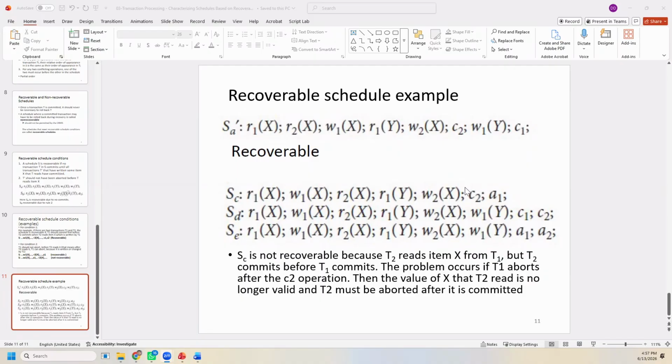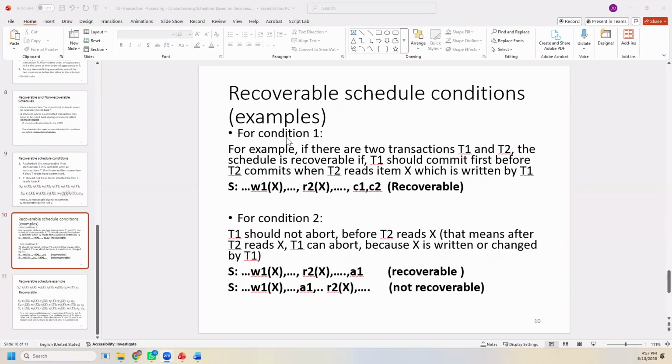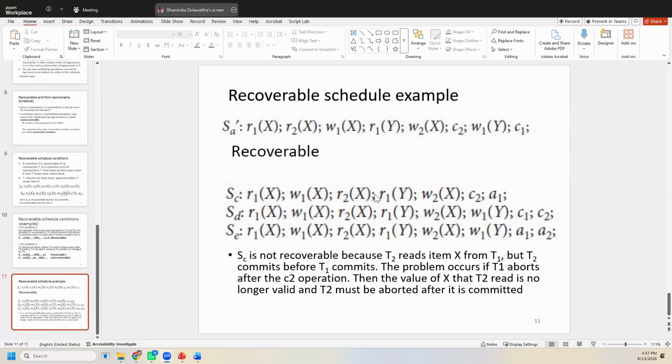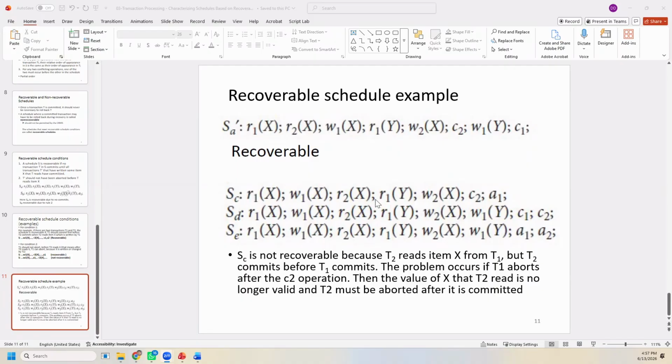So this is not allowed by this condition 1. Therefore, SC is not recoverable, right? Anyway, using this C2, we can say this is not recoverable according to this condition 1.